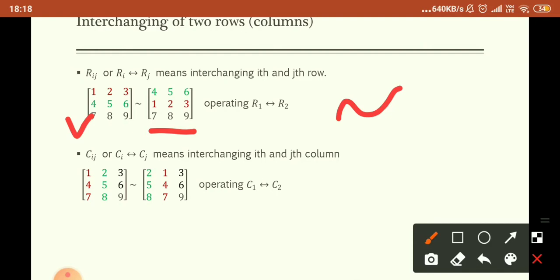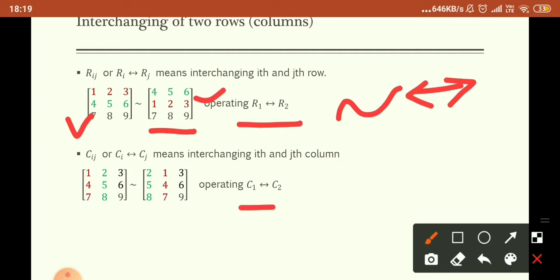Here you can see that row 1 and row 2 are interchanged. This is the sign for interchanging, so they are taking the place of each other. You can see in the colors that 1 2 3, the first row, becomes the second row in the new matrix, right? So this is called interchanging rows.